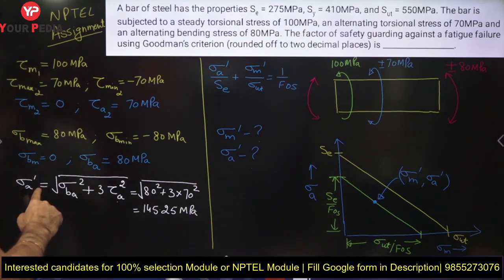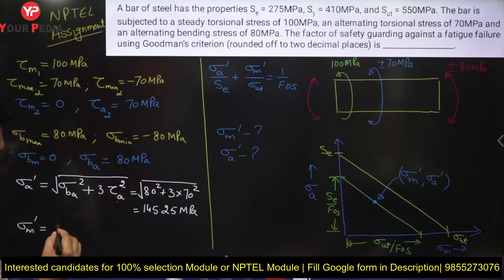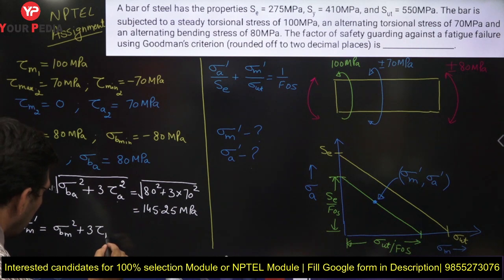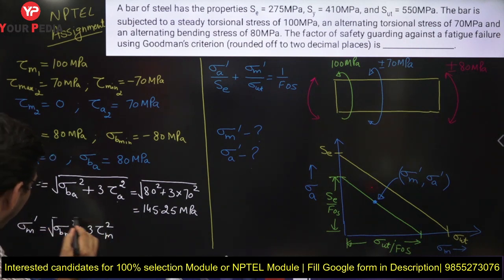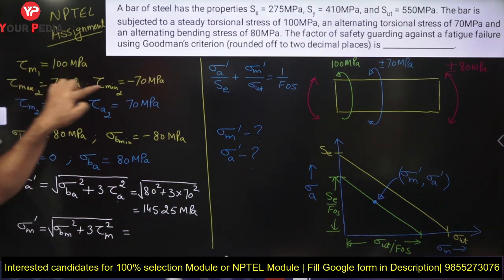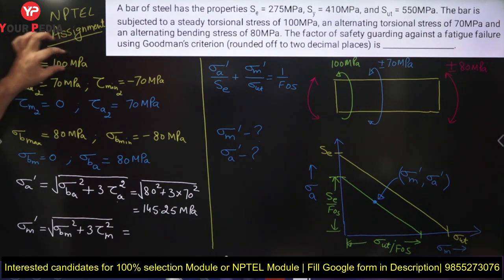In the same way you can calculate the equivalent mean value of stress. Now instead of amplitude, I am going to input the mean values: bending mean plus shear stress mean. What is the value of bending mean? Bending mean is 0. What about the shear stress mean? Keep in mind, we have a mean value of stress over here and another mean value of stress over here.